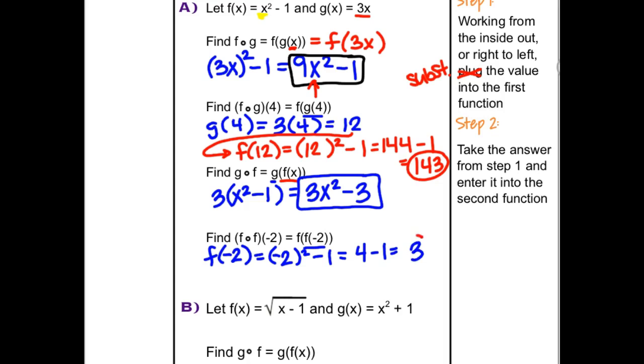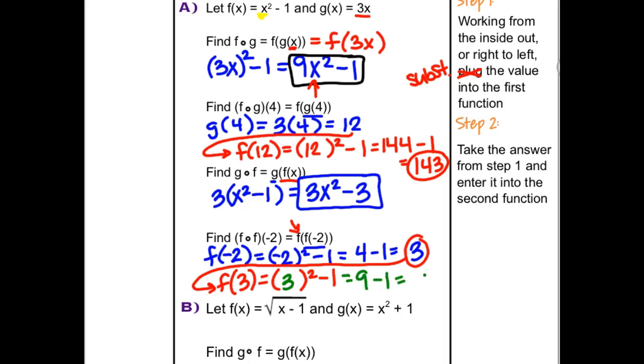So now I'm going to take this 3 and put it into f again. So now I'm going to find f of 3. It's still x squared minus 1, but now my x is 3. 3 squared is 9. 9 minus 1 is 8. 8 is my final answer.